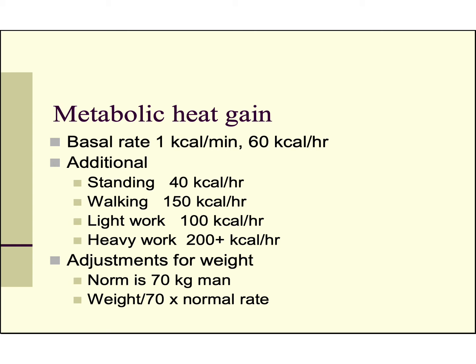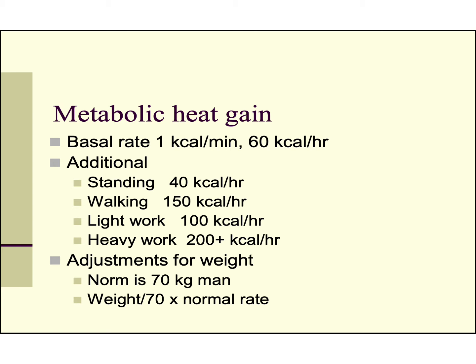Additional heat gains from actions that the body takes are listed here. So standing up requires an additional 40 kilocalories per hour to your basal rate. Not much, but somewhat more. Walking on the level, about 150 kilocalories per hour, again, depending on how fast you walk. Light work, like with your hands or arms, an additional 100 kilocalories per hour.